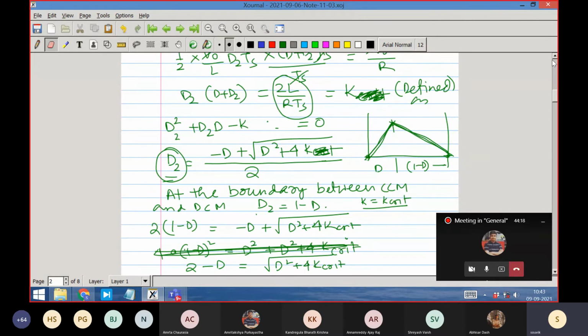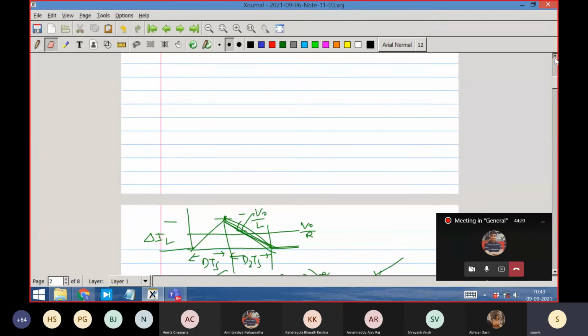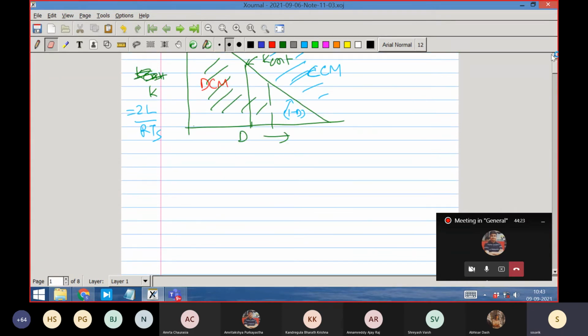So if you choose K greater than 0.6, for example, D is equal to 0.4, then 1 minus D is equal to 0.6.